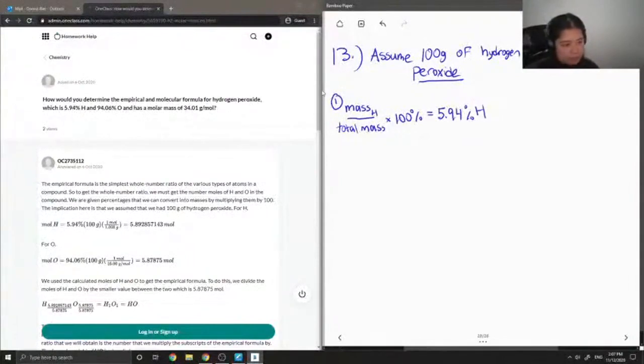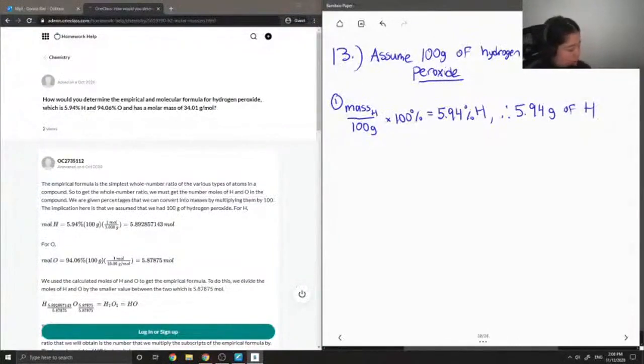So if I assume that there's 100 grams of hydrogen peroxide, if I were to sub that value in for our total mass, so I'm just going to erase this and actually write out, let's say it was 100 grams. Then I can just say that therefore there is 5.94 grams of hydrogen in a 100 gram sample of hydrogen peroxide.